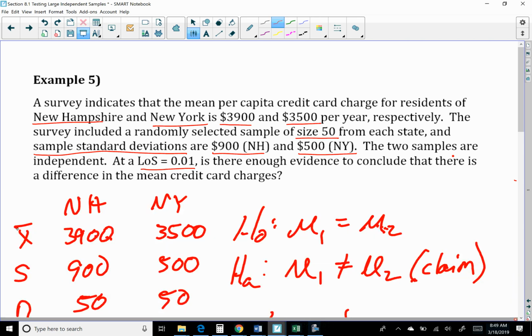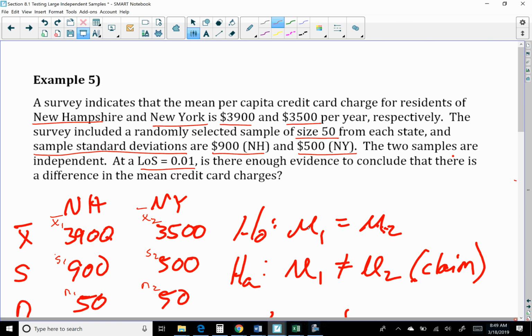X bar for New Hampshire, 3,900, 3,500 for New York. S is 900 and 500, n is 50 and 50. So this is X bar 1, this is X bar 2, this is S1 and S2, and this is n1 and n2.